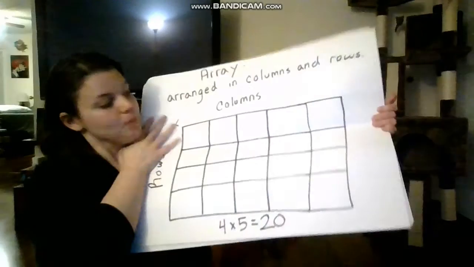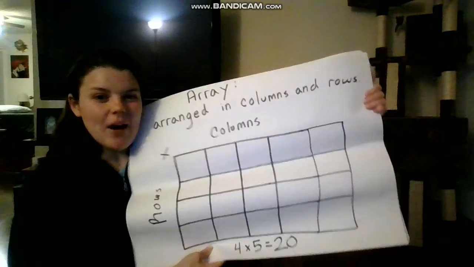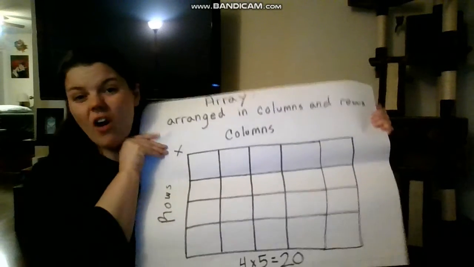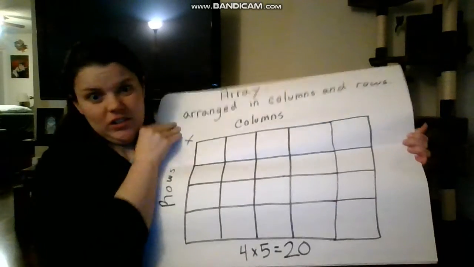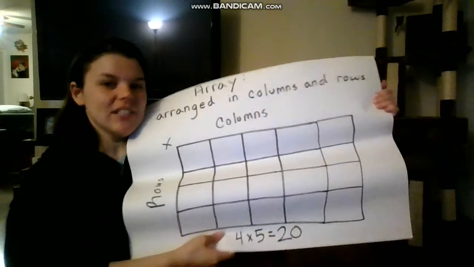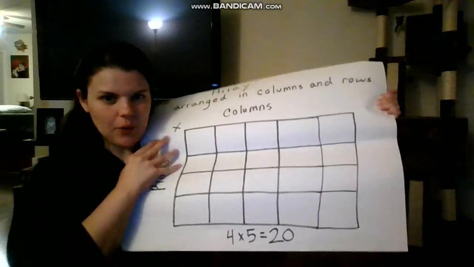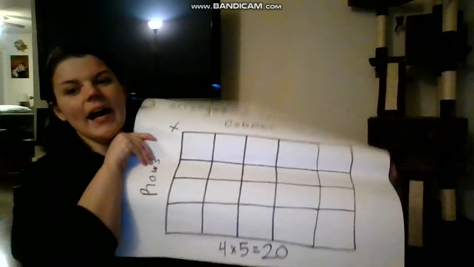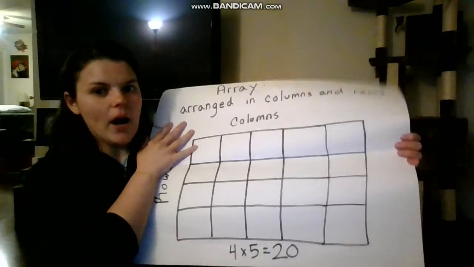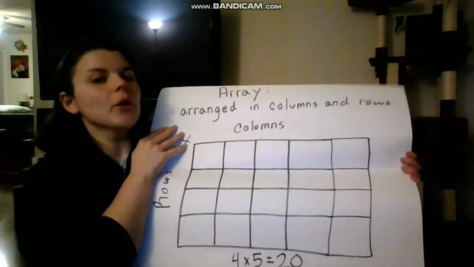Now, if we didn't know how to count by fives, which pretty much all of us do because you guys are geniuses, we could just count. That's the first thing we're going to do. We're going to count and see what 4 times 5 equals, and then we're going to check our work.